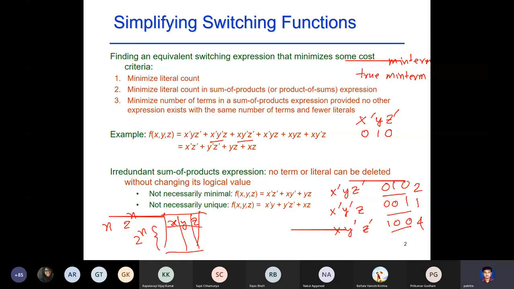This is the standard rule of Boolean algebra you have already studied: you take the associativity, then A plus A prime is 1, and you get this. This algebraic rule can be very easily applied if you represent the truth table as a Karnaugh map.